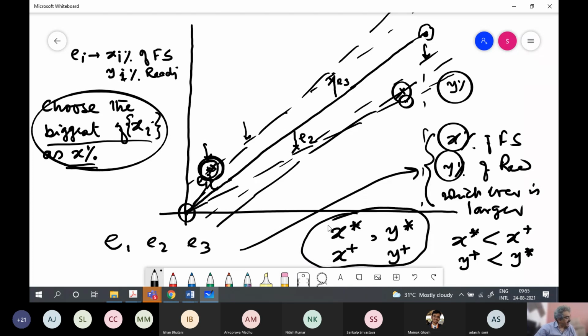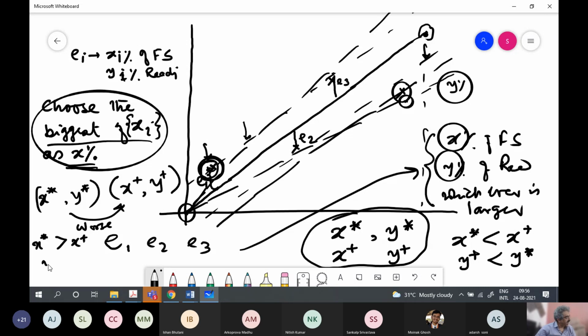We can always say that if you have two sets of specifications, X star, Y star and X plus, Y plus, this is worse than this if both X star is greater than X plus and Y star is greater than Y plus. That we can say, so then this will not be acceptable.